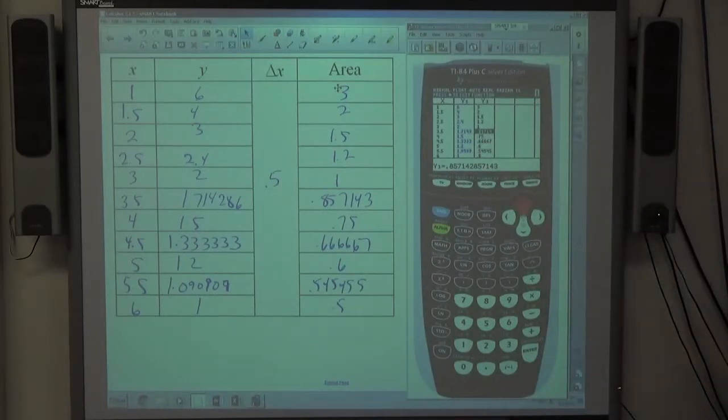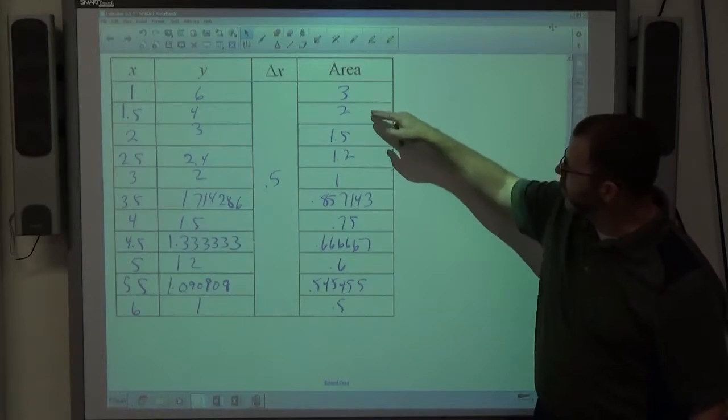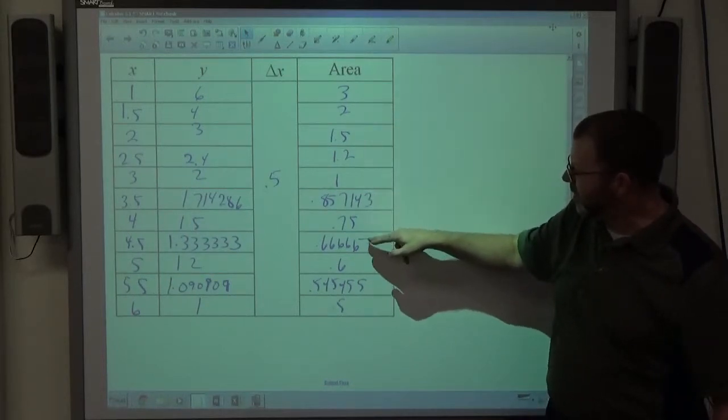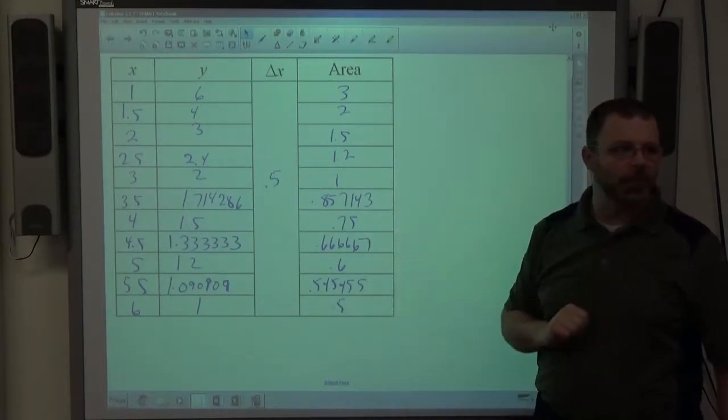And just like that, we got the area of each of those rectangles. And notice 1, 2, 3, 4, 5, 6, 7, 8, 9, 10, 11 areas we get.